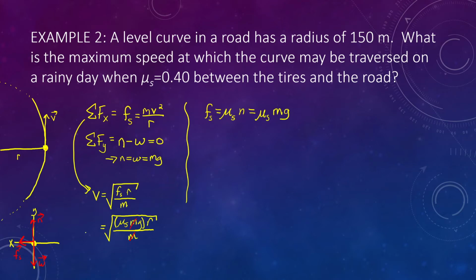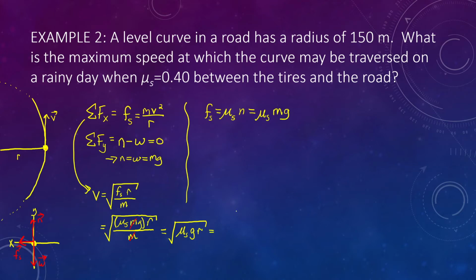And that's the case here. We needed the mass to solve for v, but it wasn't given to us. So it's a hint that it should cancel out. So this leaves behind a much simpler equation. The m's cancel, leaving behind mu s g times r.